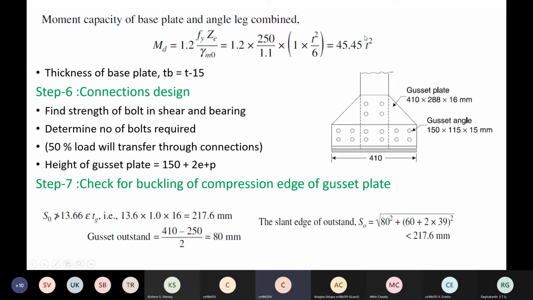This T corresponds to the base plate plus angle leg. If you want the thickness of the base plate, the angle thickness should be subtracted. Here I had considered 15, but initially it was 12, no? So you can take T minus 12 itself. Did you understand how to calculate the thickness of the base plate?